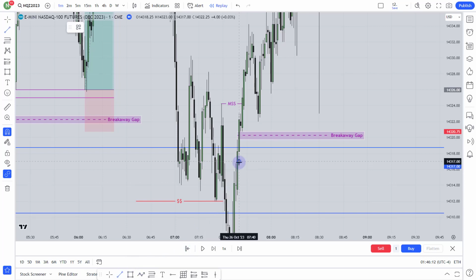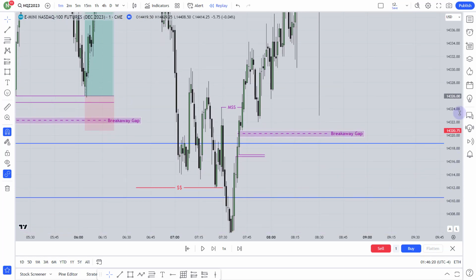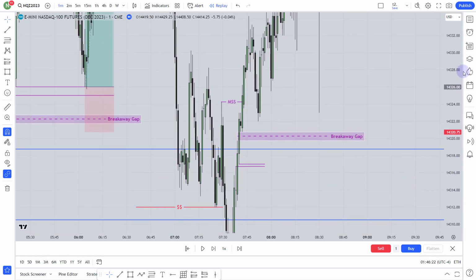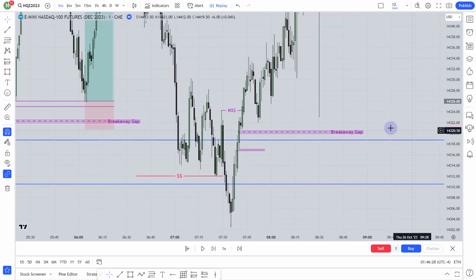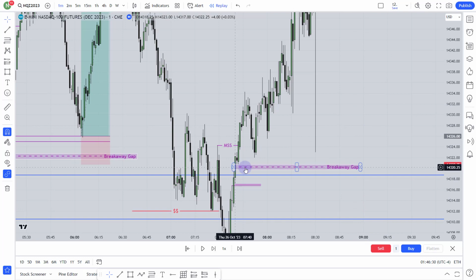Will you go for that? No, you will not go for that, because if I stretch this chart very far, this fair value gap is still very little. So you will go for a fair value gap which is a little bit clearer, not like this.